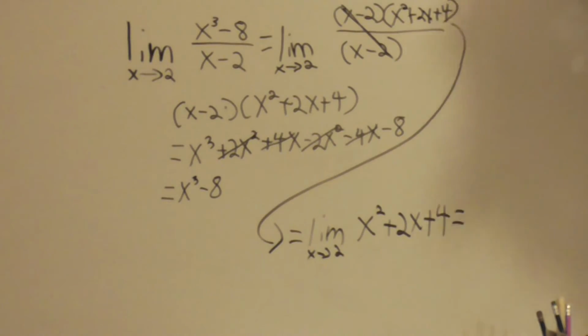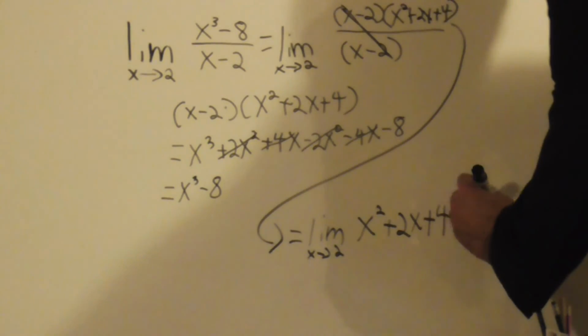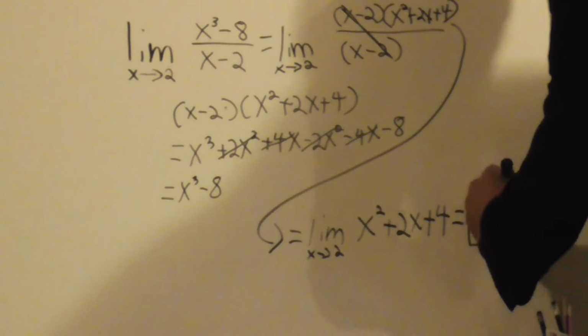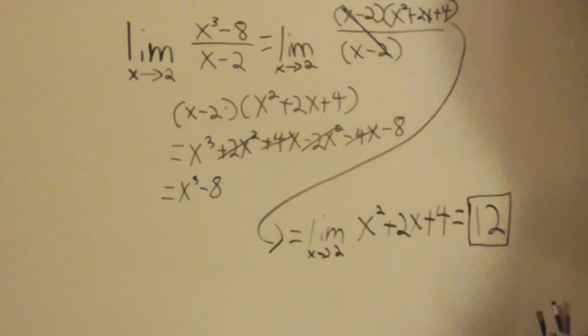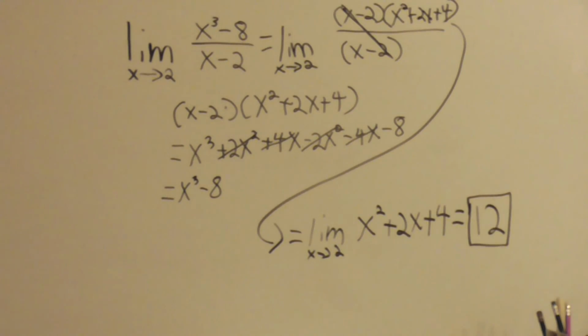We don't have any contradictions like multiplying or dividing by 0, so we simply plug in 2. 2 squared is 4, 2 multiplied by 2 is 4, and 4 plus 4 plus 4, or 4 multiplied by 3, is 12. So our answer is 12, and the limit of this function as x approaches 2 is 12.